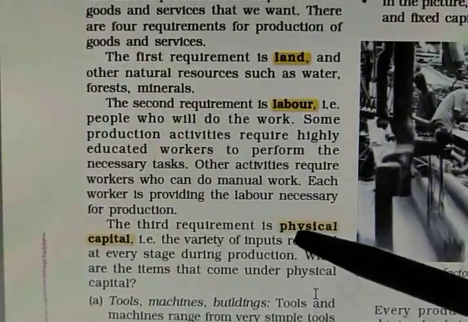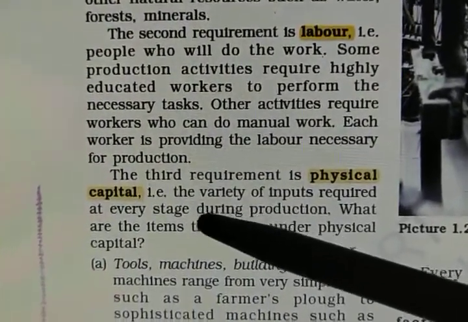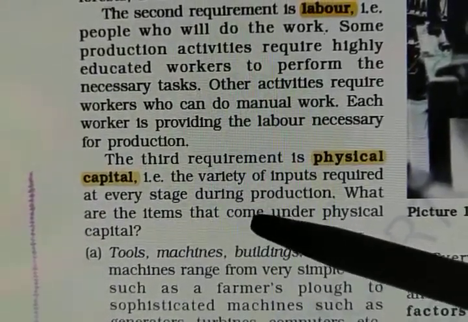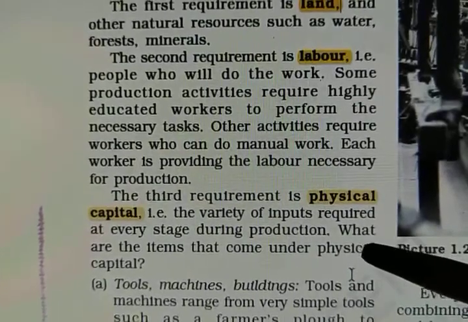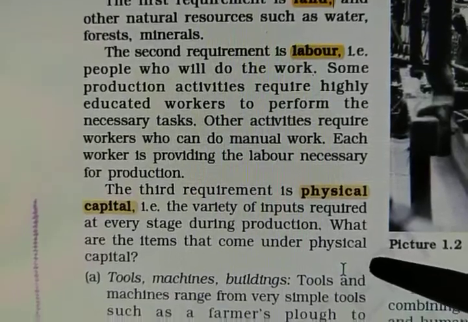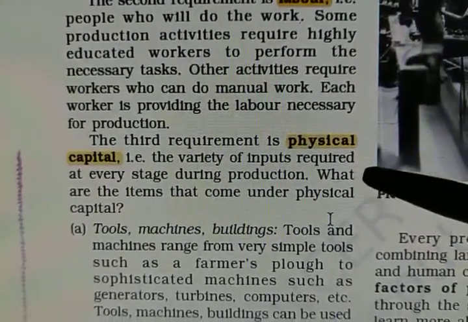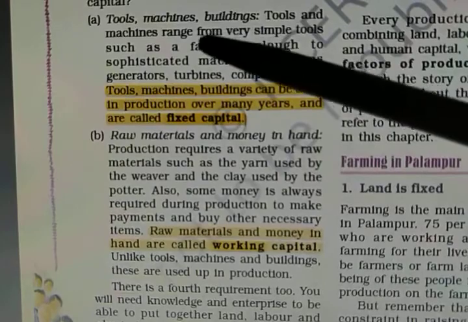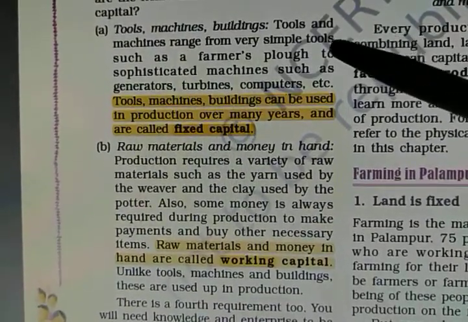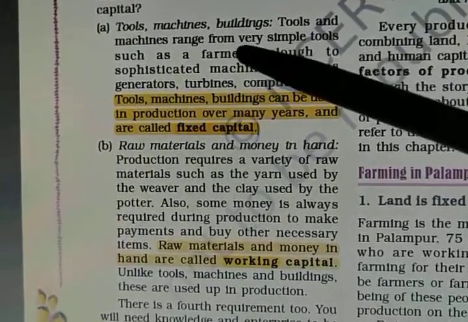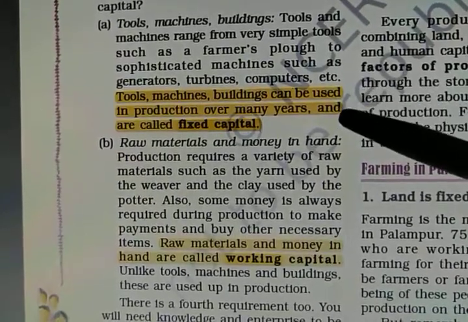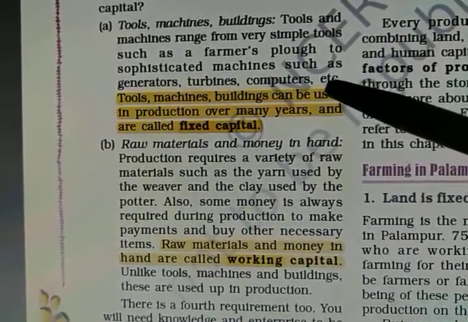And the third requirement is physical capital, that is, a variety of inputs required at every stage during production. What are the items that come under physical capital? First, you have to know about this, the physical capital. Tools, machines, buildings: they may be very simple tools such as the farmer's plow or sophisticated machines such as generators, turbines, computers.